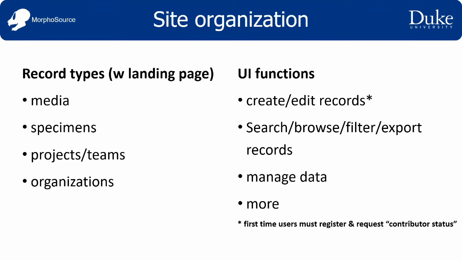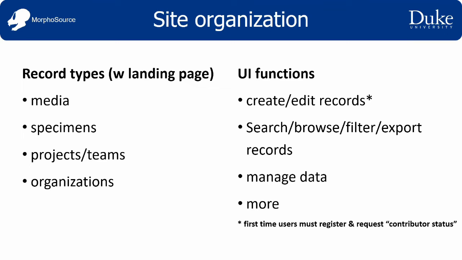So just a quick thing about site organization. There are a variety of record types that I've alluded to, but maybe this will help make it a little more concrete. We have media records, which is everything about the file that was uploaded, including who created it, but also how big the file is and what the file format is. We have specimen records, which are imported from museum sources when possible.